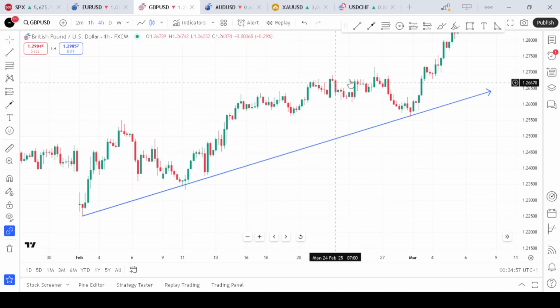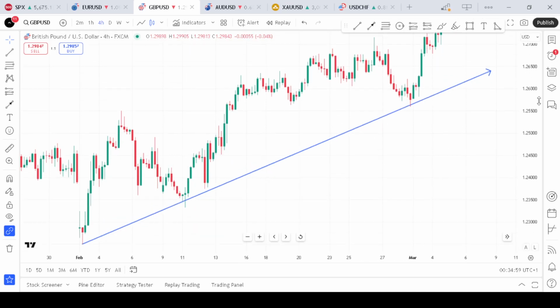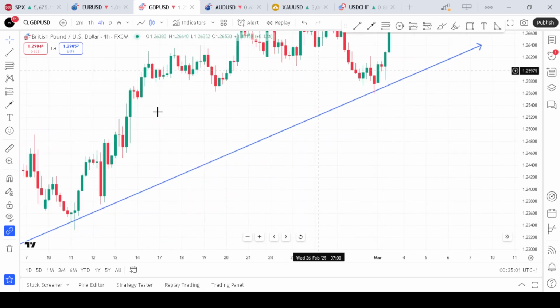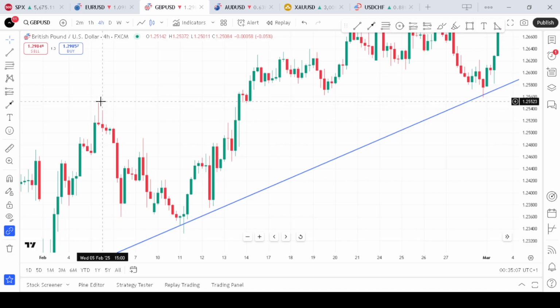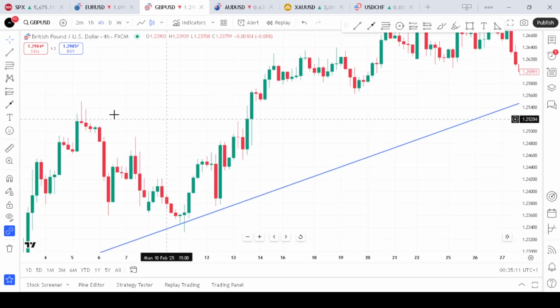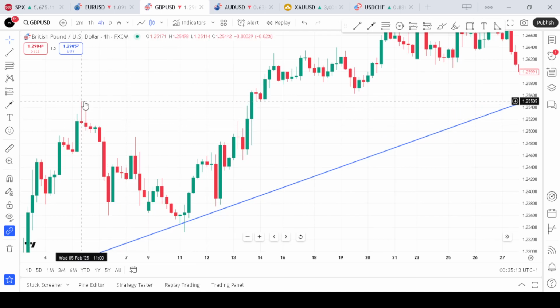When you see a long upper wick candle at this area in the market, you can see buyers were in the market at one point in time, before ultimately sellers came and pushed it to close below. This is what it means.